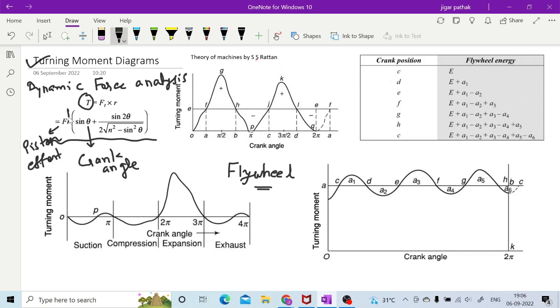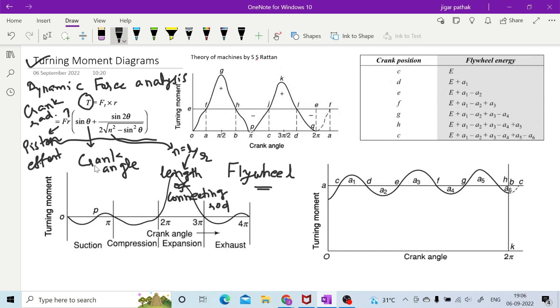While this R is crank radius, right? And this n is equal to L by R, where R is crank radius and this L is length of connecting rod, length of connecting rod.